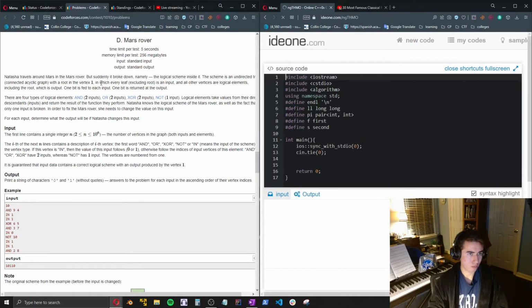Natasha travels around Mars in the Mars rover and then suddenly broke down. The scheme is an undirected tree with a root in vertex 1, in which every leaf is an input.